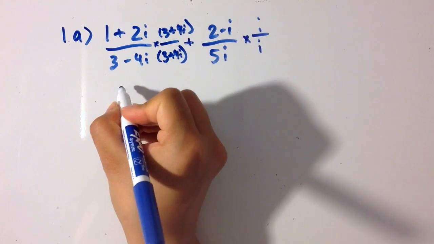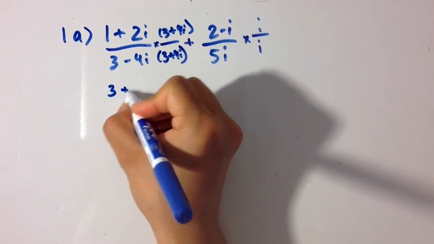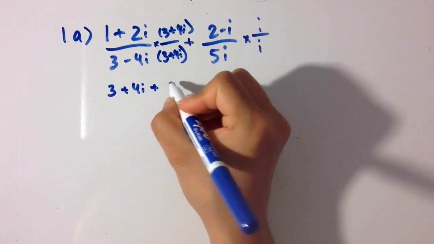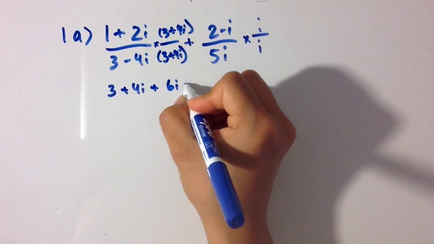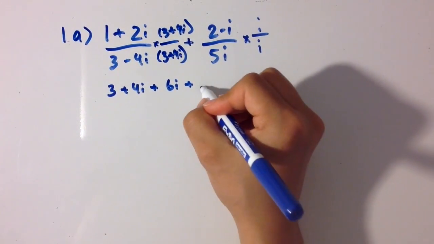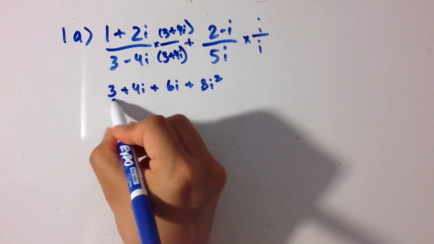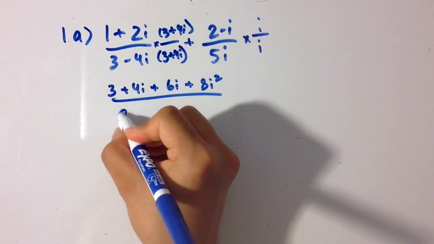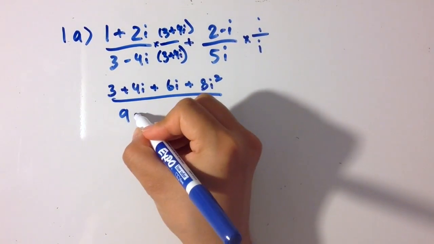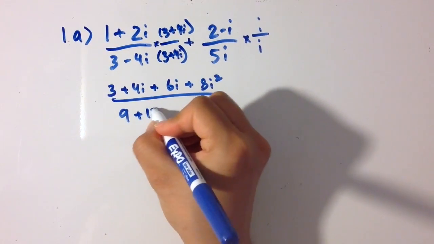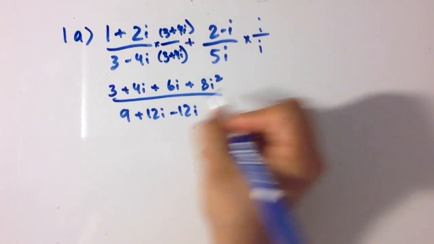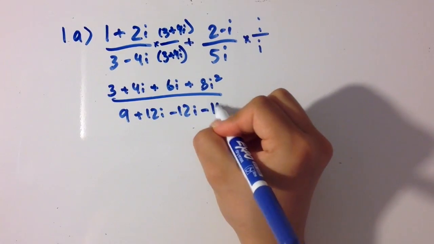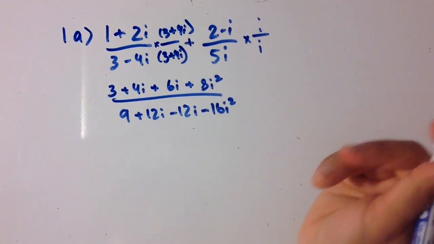Alright, multiplying everything out, we get 3 plus 4i plus 6i plus 8i squared, all divided by 9 plus 12i minus 12i minus 16i squared.